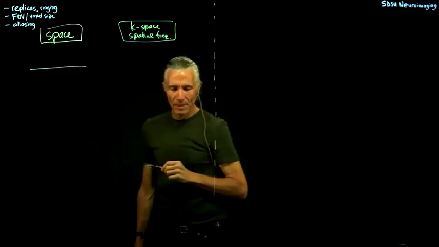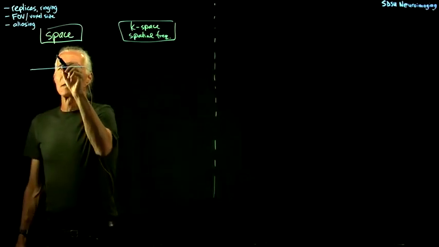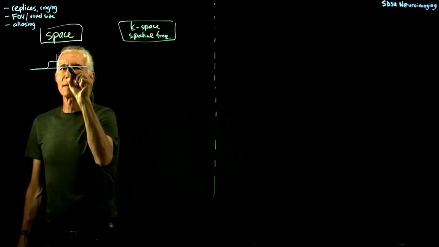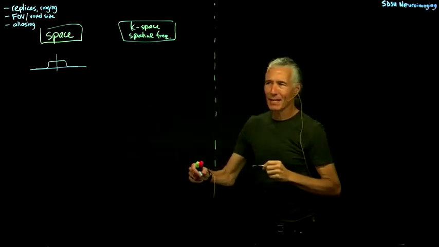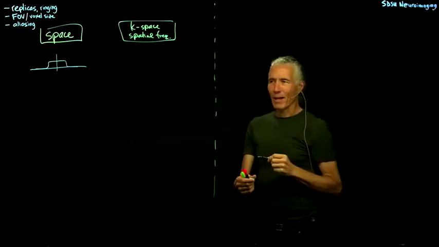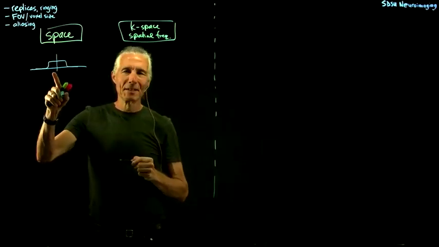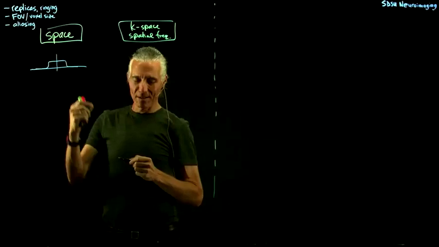This is basically an argument like, why do you get replicas? On the space side, you have something that looks like a rectangle function, which is the brain, because there's black, and then there's a bunch of brain, and then black. So that's kind of like a physicist's brain. It's just a rect function, just a rectangle function.